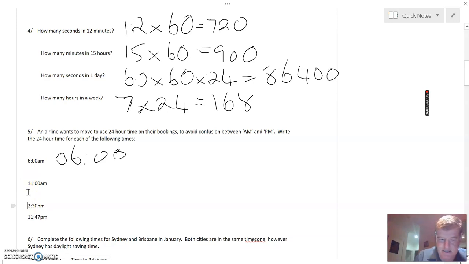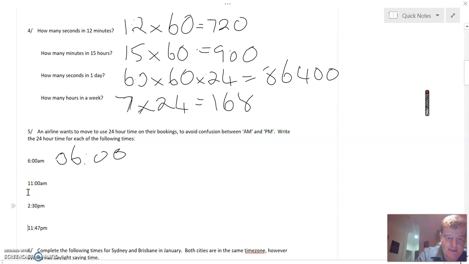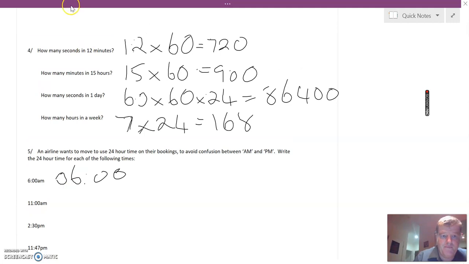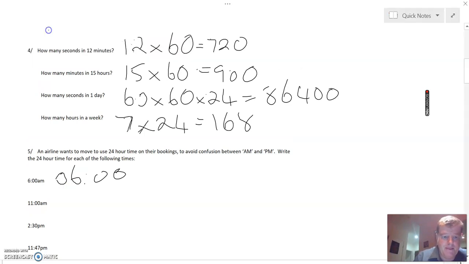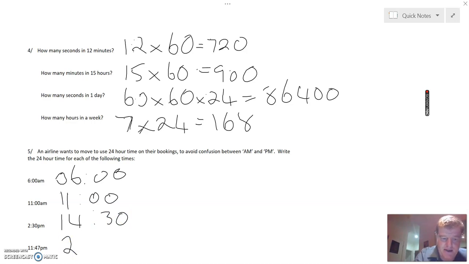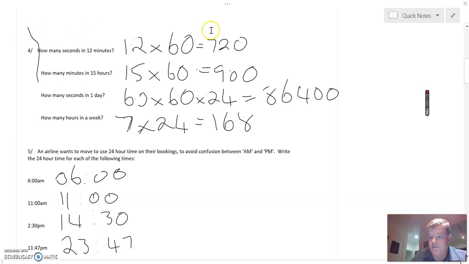So it's just going to be 11:00. The next one, 2:30 in the afternoon. In the afternoon, we've got to add 12 hours to it, so it's going to be 14:30, so 14 hours and 30 minutes into the day. And adding 12 hours to just before midnight, 11:47 p.m. is going to be 23:47. That's our 24-hour time there.